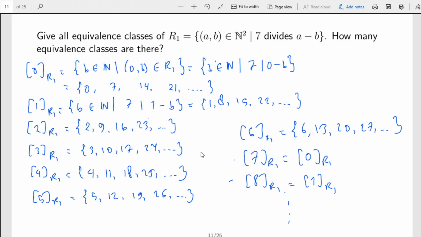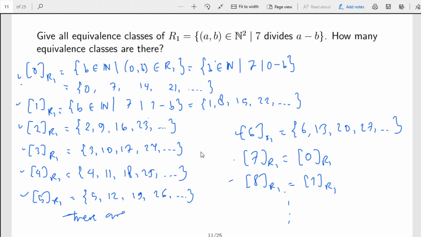Now with this, how many equivalence classes are there? Well, more precisely, how many different equivalence classes are there? In total, there are 1, 2, 3, 4, 5, 6, and 7 equivalence classes.